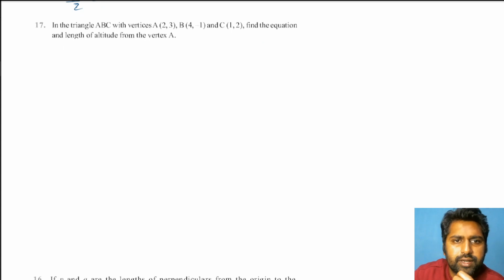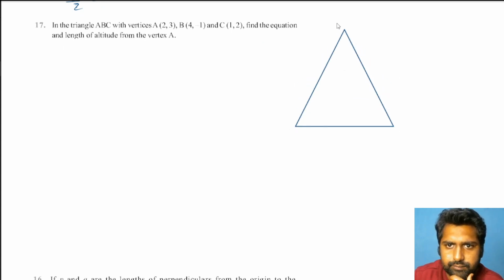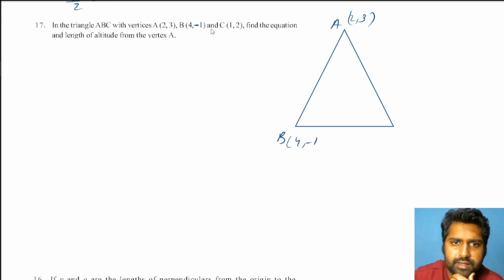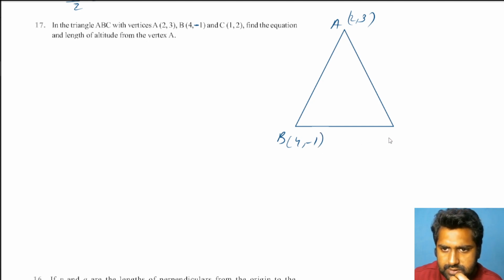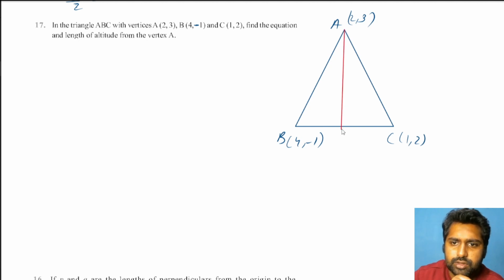You are having a triangle ABC. A is 2 comma 3, B is 4 comma minus 1, that's negative, and C is 1 comma 2. He's saying that from the vertex A find the equation and length of the altitude.